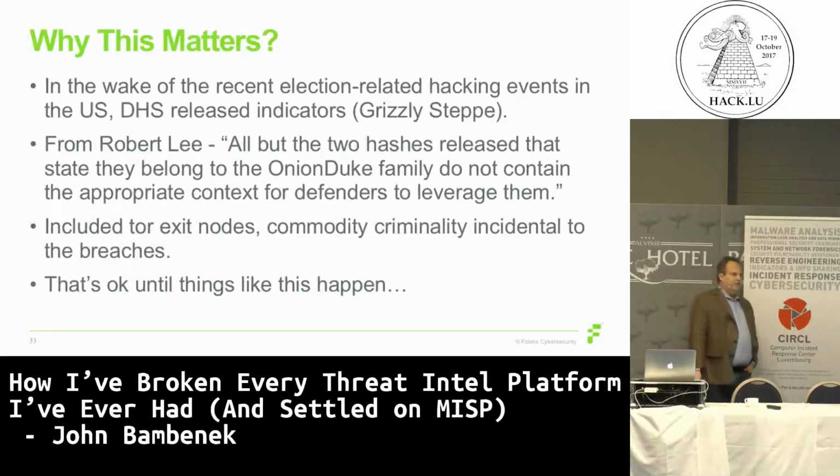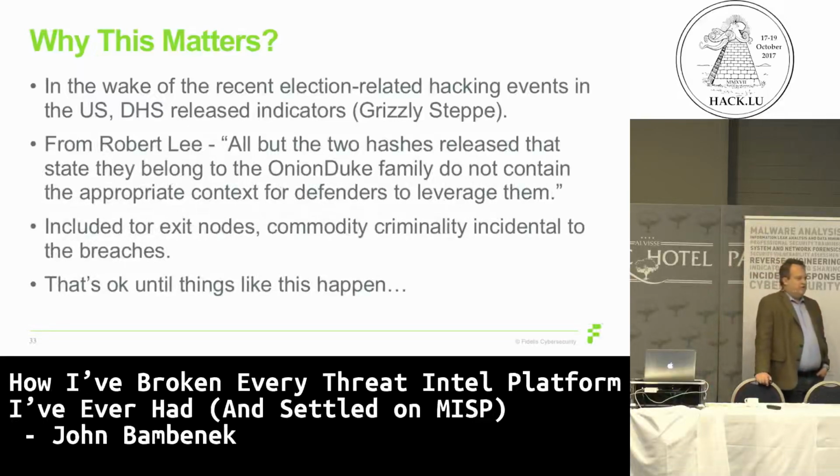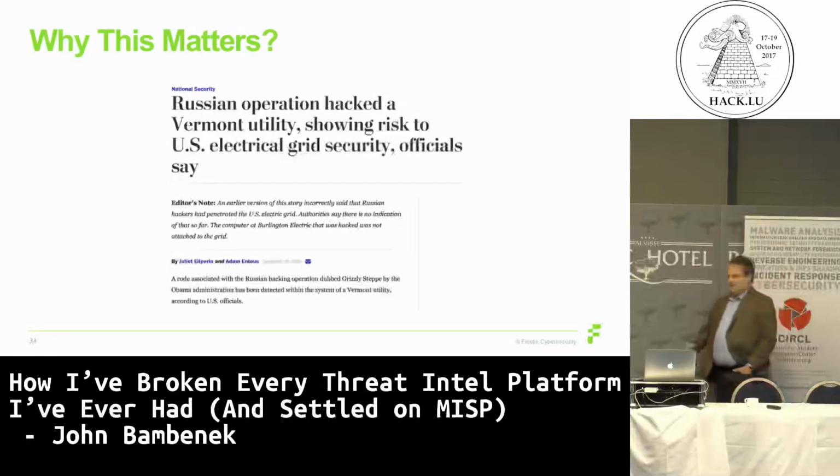The data also included Tor exit nodes. Why you would ever include an IP address for a Tor exit node in an indicator report, I have no idea, unless you really like false positives. And at a time when you've got a whole bunch of the American public and every member of Congress already fully rustled, it's not a good time to have false positives.